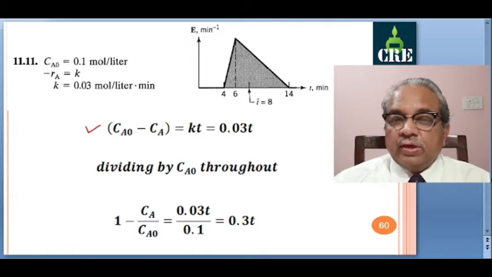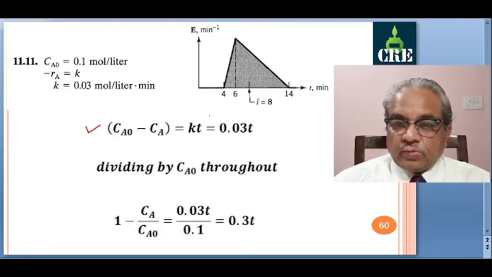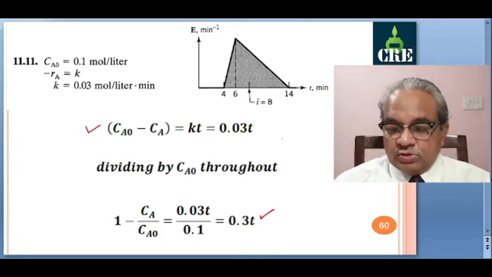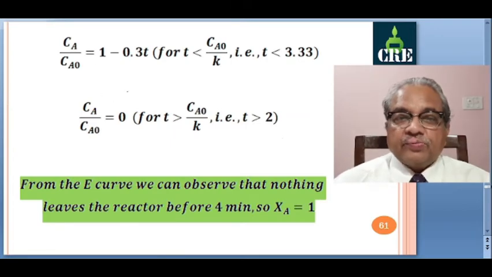So this area under the curve should be 1, and this is divided into two rectangles, 4 to 6 and 6 to 40. So we divide by Ca0, same method. So 1 minus Ca by Ca0 I get as 0.03 into t by Ca0. Ca0 is 0.1. So 1 minus Ca by Ca0 is 0.3 t. That means Ca by Ca0 is 1 minus 0.3 t.